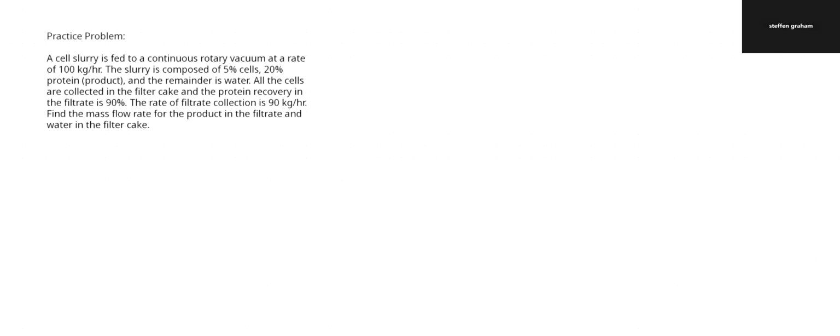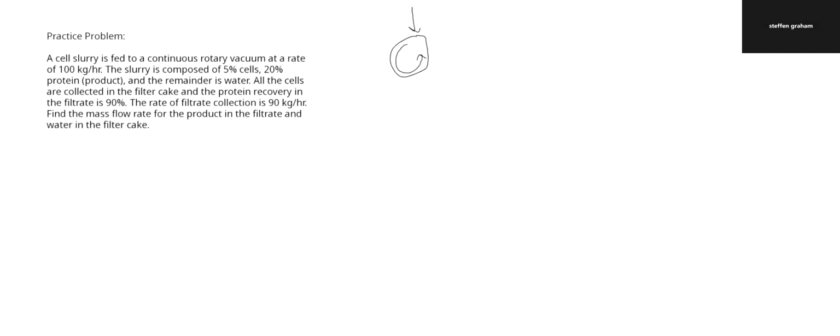So, pretty simple problem here. A rotary vacuum filter, it's not necessary to know what that is for this problem, but from what I remember, it's like a spinning thing, and you have your liquid go onto it and it turns.